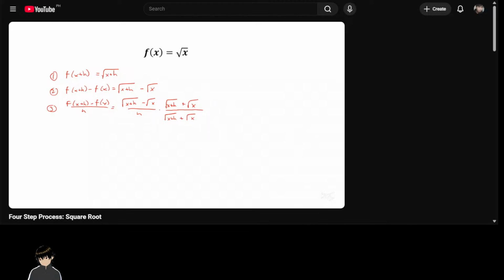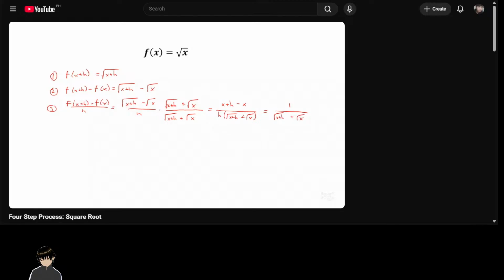The x's cancel, we end up with h divided by h, so that's 1 divided by the square root of x plus h plus the square root of x.